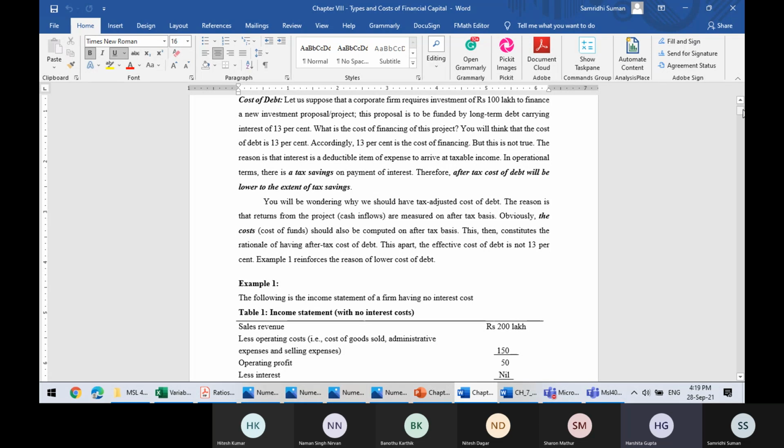So the interest gives you a tax advantage. That makes cost of debt generally cheaper than the other sources of finance. So you'll find that taking debt will be cheaper than cost of equity or cost of preference shares or cost of retained earnings. We can move down, ma'am.